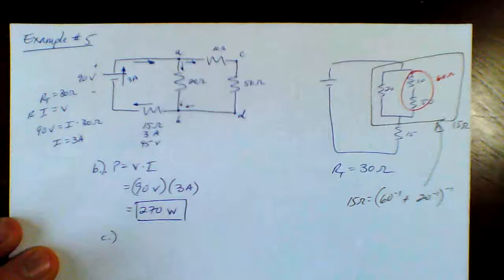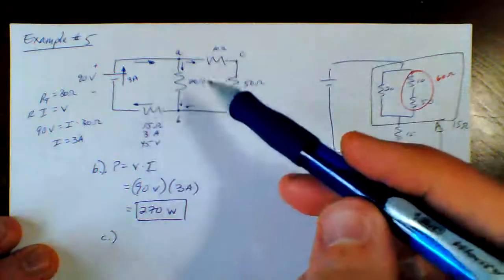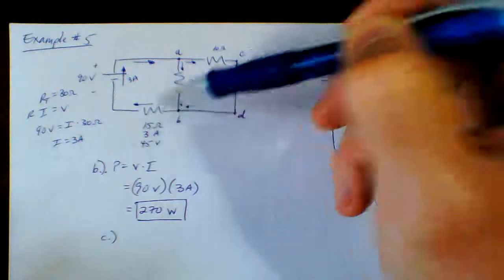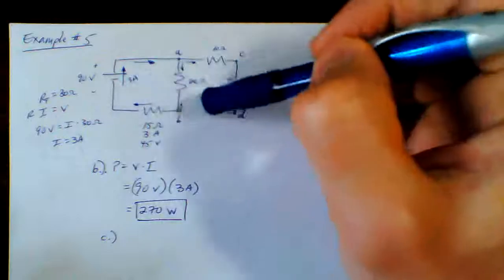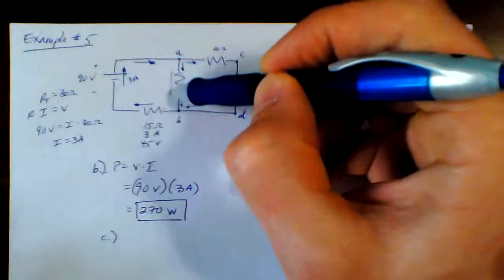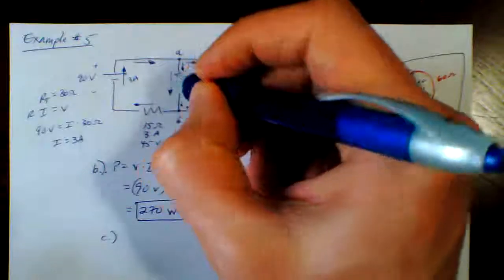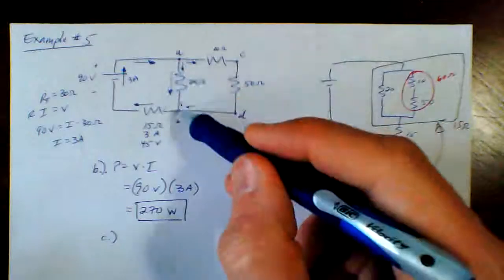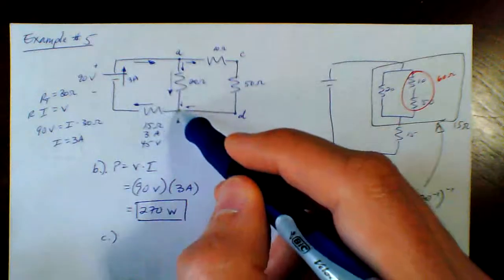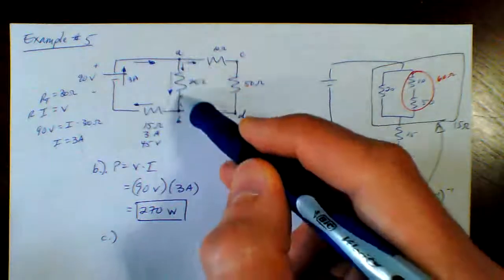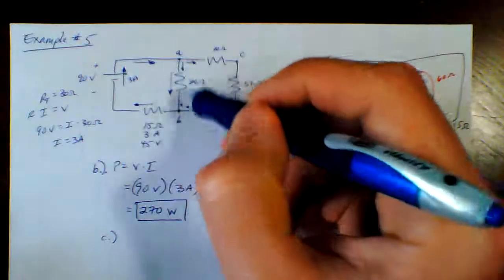Now if I look at the loop rule, I know that the voltage to here from here must be 0. I don't care if I go this way or if I go this way, and I'll talk about going this way in a second. My current through each of these forms a little circle in here. From A to B is negative because I'm dropping voltage here.